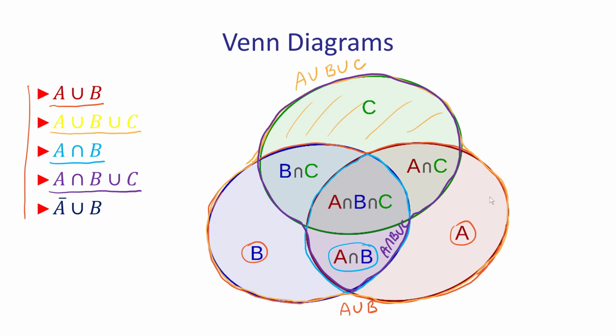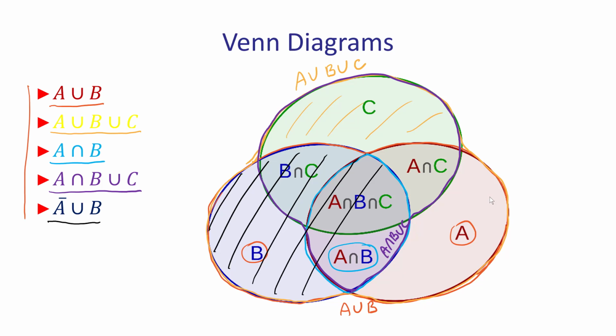Now, the last one is a little bit tricky. We want complement of A union with B. So, technically, we need to have all of the elements which are in complement of A and also all of the elements of B. So definitely all of those elements will be inside of that area, because this is B. So it should include all of the B. Also, it should include all of the not A, which means all of that.